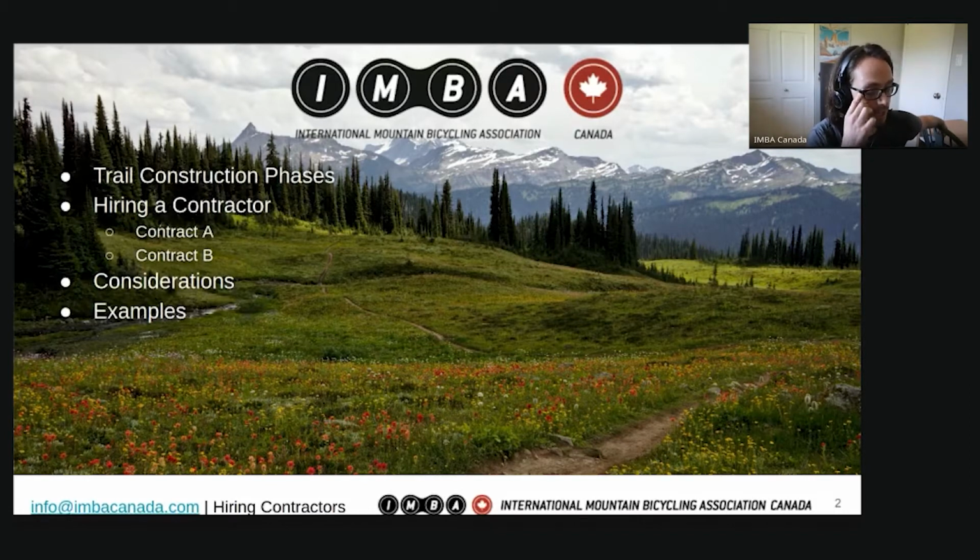And it has some ramifications for people who do expect to hire people either as an agent of a land management agency or as a representative for a trail association. We'll talk about different considerations of the process as we go through it, and then some very hypothetical examples of different ways projects can be structured.